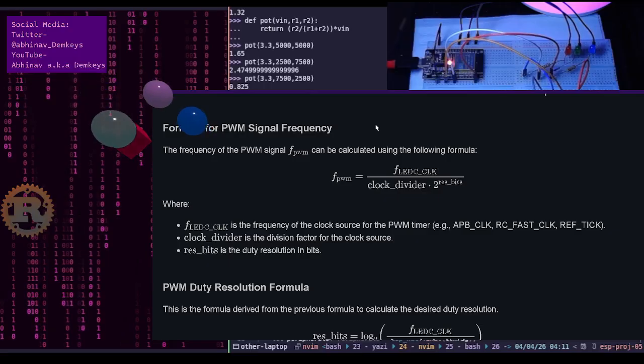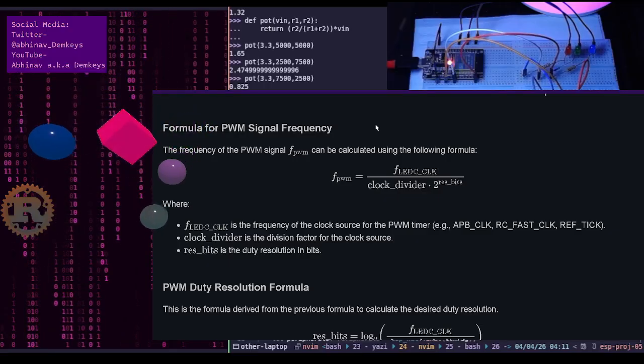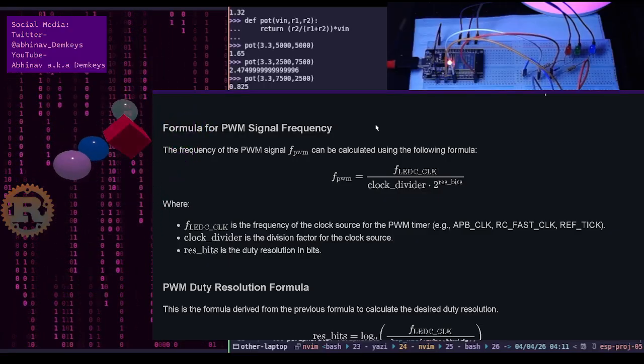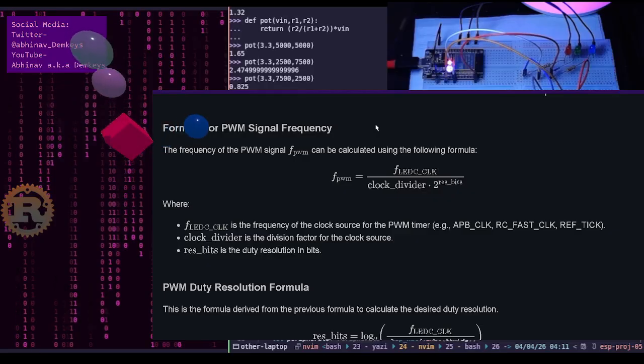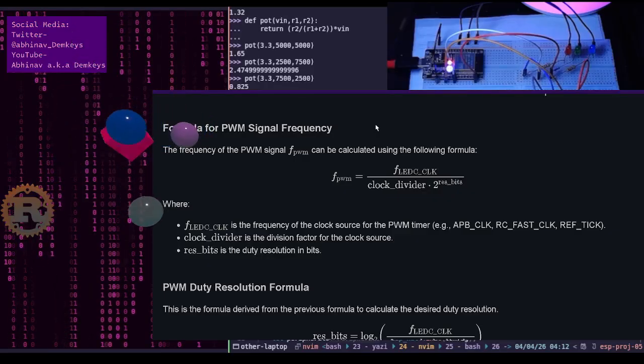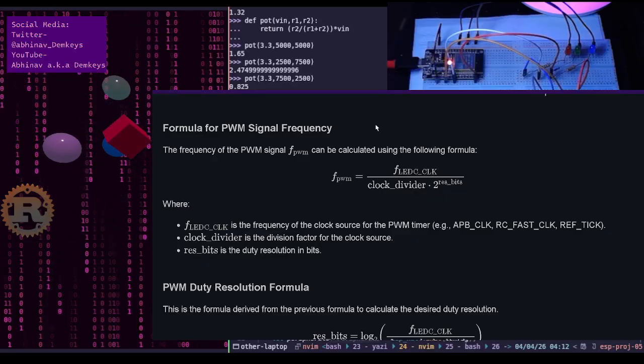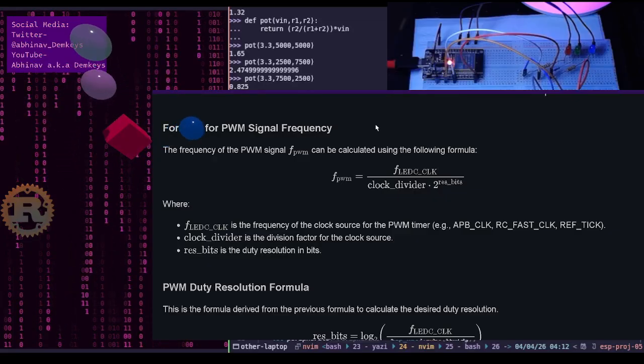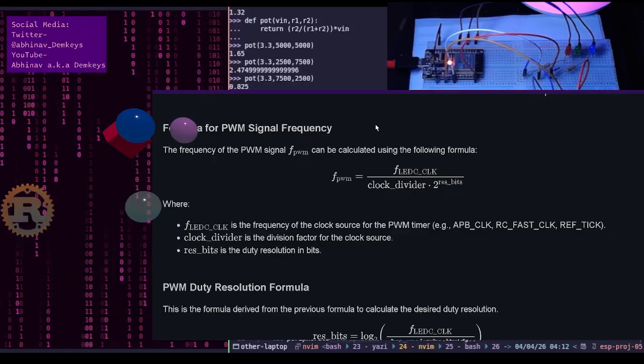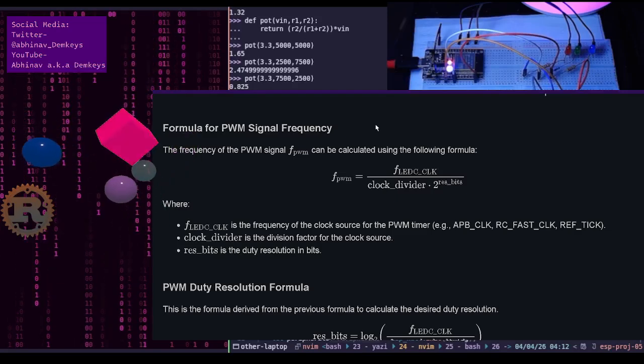PEMDAS? Yeah, so we solve the exponent first. I'm glad that I know PEMDAS. Okay, so let's say 8 bits. Okay, so 256.